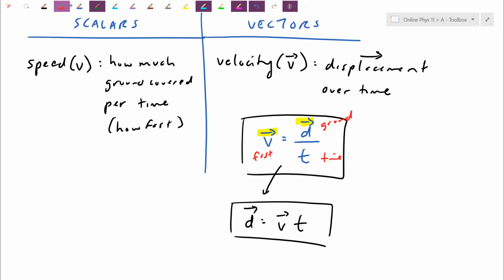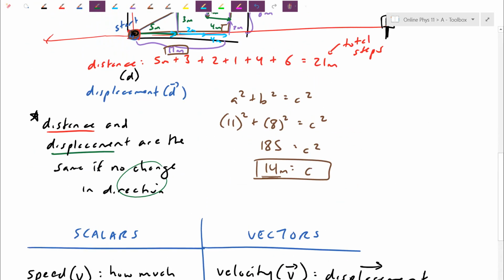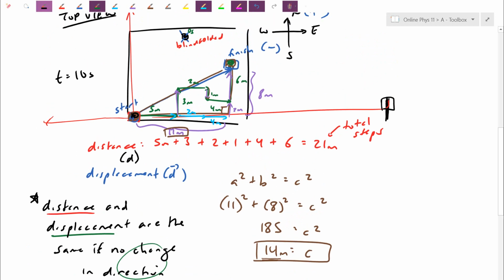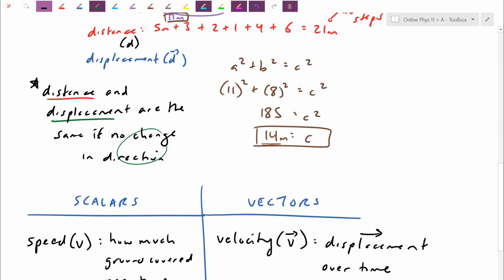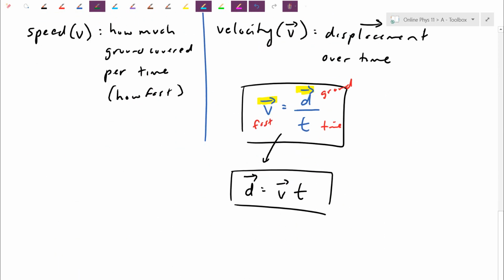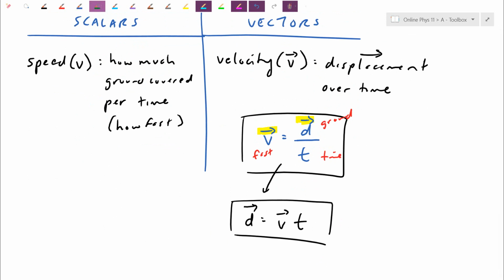So back in my earlier example, I found that the displacement was 14. Realistically, the person did not walk in this diagonal. They actually took this path, but because overall you only ended up 14 away, if you really did walk in this diagonal direction over 10 seconds, what's your velocity? I would go here for velocity, since I have it isolated.